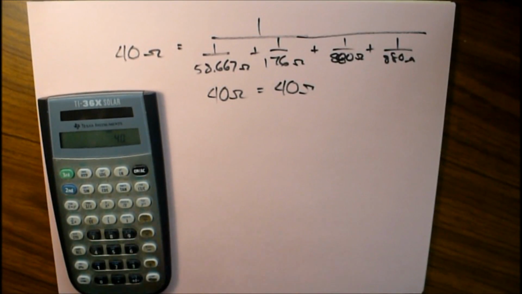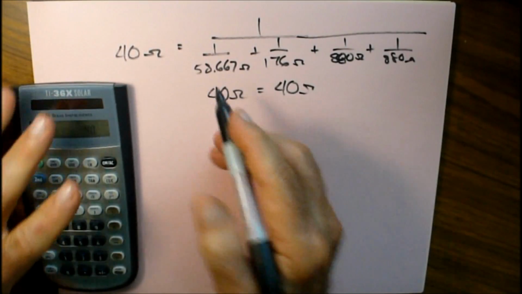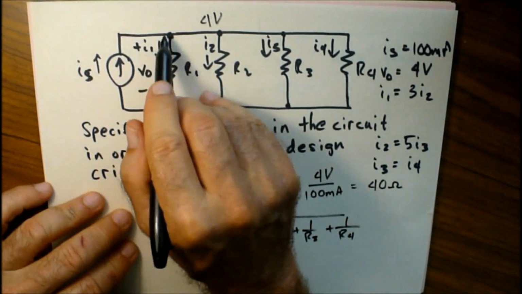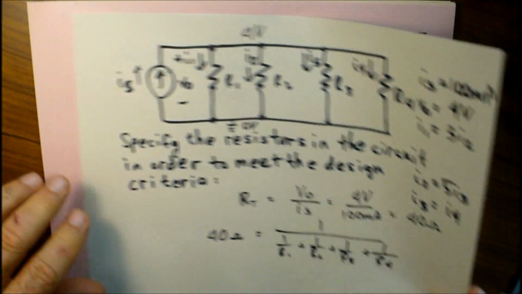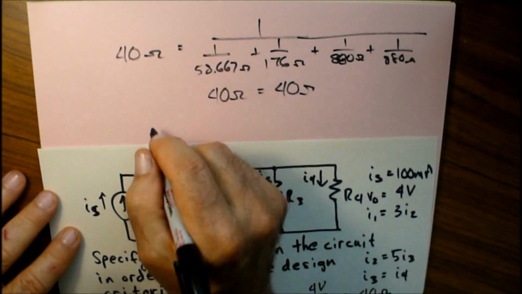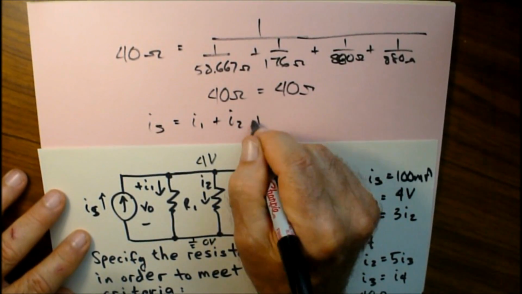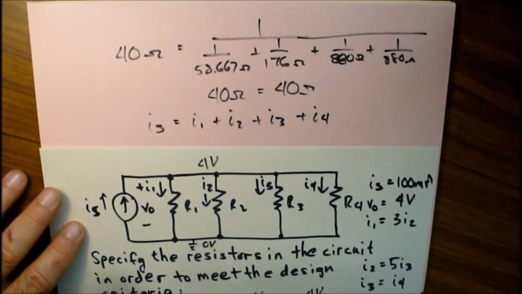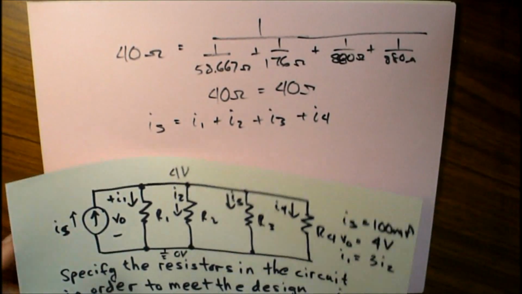Let's verify that the currents add up. That is to say, we know the total current is I sub s equals 100 milliamps. But see, we have a node here, and all these currents should add up, right? That is to say, I sub s should equal I1 plus I2 plus I3 plus I4, which incidentally is another way to work this problem out. It's another approach. But let's verify what they are.